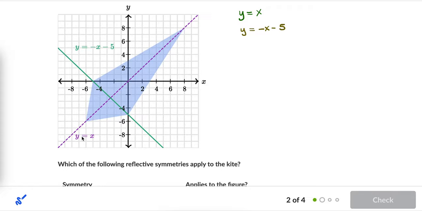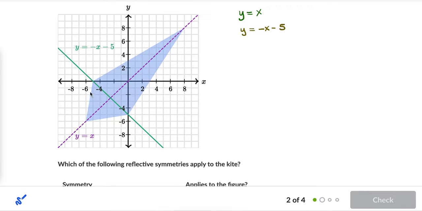Let's look at the line y equals x first of all. With the line y equals x, we would imagine that we should be able to take each vertex of the kite and map it directly across in a perpendicular fashion, a perpendicular line across the line y equals x, and we would see the image of that point on the other side. So take, for example, this vertex right here.